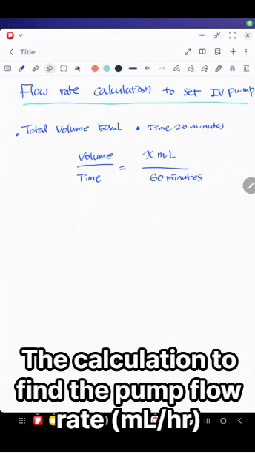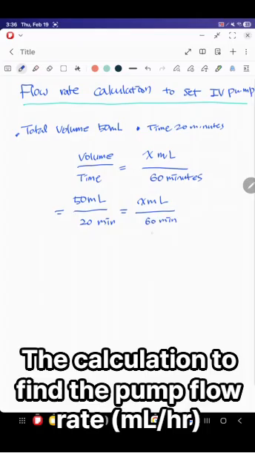This is flow rate calculation to set up IV pump, and we have these numbers: total volume 50 milliliter and time 20 minutes. But we have to set up IV pump with 60 minutes, so I'm gonna use this formula and apply these numbers into this formula. It's gonna be 50 milliliter divided by 20 minutes will be equal to X milliliter divided by 60 minutes. I'm gonna just cancel all the units to simplify this calculation.